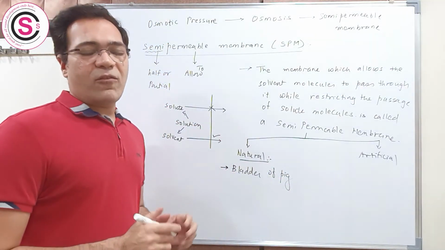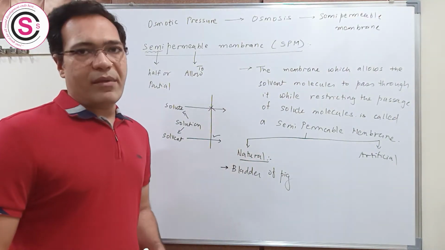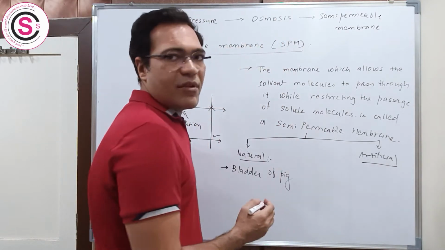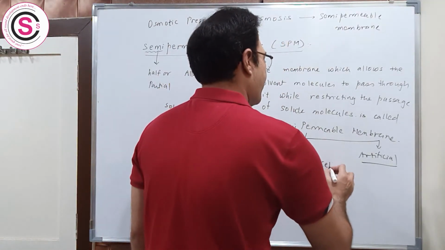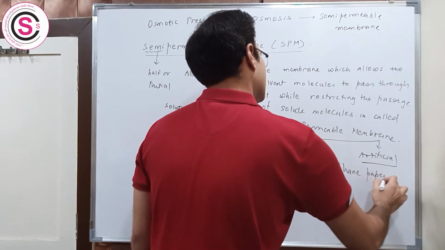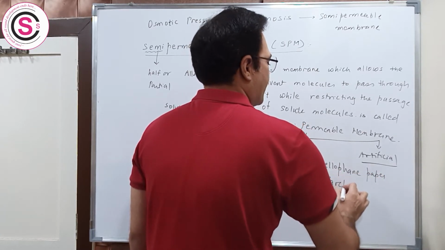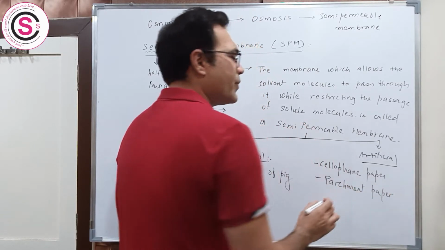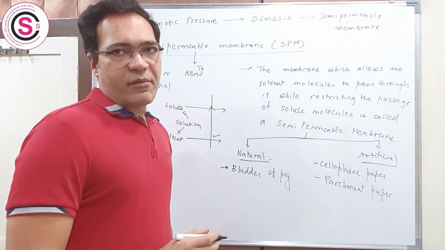The urinary bladder of a pig acts as a semi-permeable membrane, whereas examples of artificial semi-permeable membranes include cellophane paper and parchment paper.